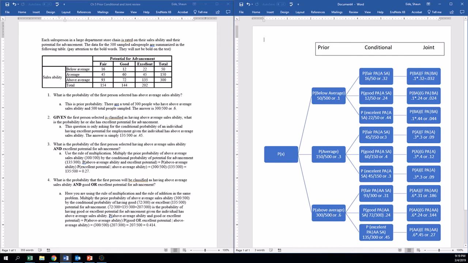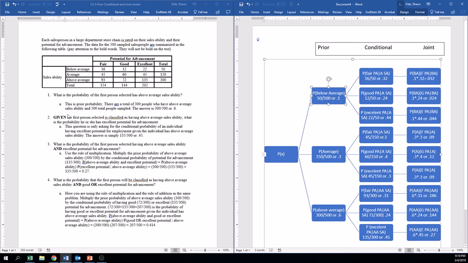So you notice down here we have the probability of an individual being above average, which is 300 out of 500, or 0.6. The probability of an individual having average sales ability, which is 150 out of 500, or 0.3. And the probability of an individual having below average sales ability, which is 50 out of 500, or 0.1. So I've got all the prior probabilities right here.